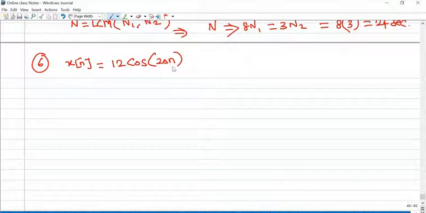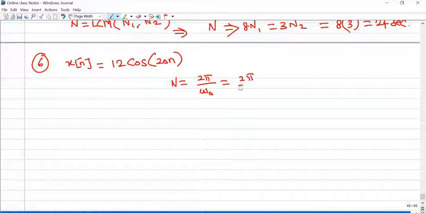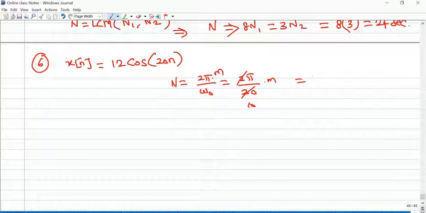Already I told you, in a discrete time signal, if an individual component is given, check your cos term. If there is any pi term, then the pi will be cancelled. Otherwise, while calculating the capital N, that is 2 pi by omega naught, that is 2 pi by 20 times m, so pi by 10 m.